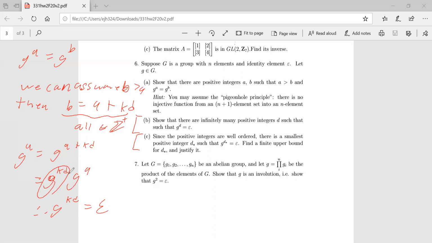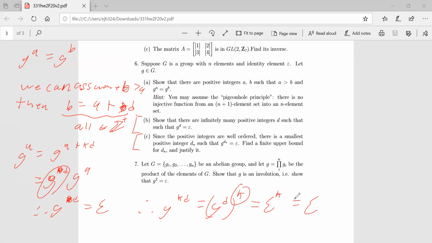So now we have that it's equal to the identity for all of these, and therefore g^(kd), which is g to the d to the k, is equal to the identity to the k, which is equal to the identity.